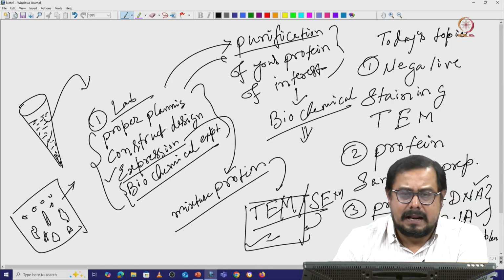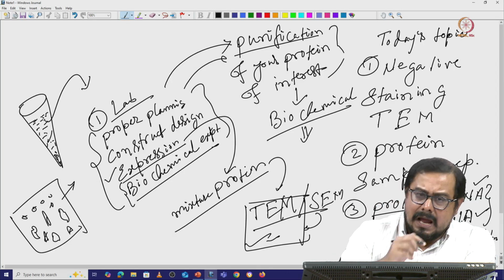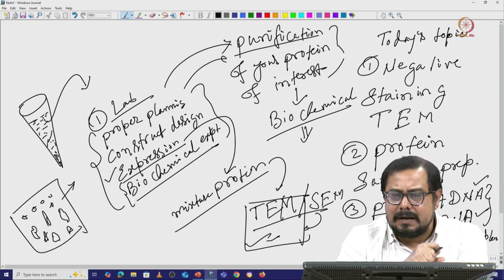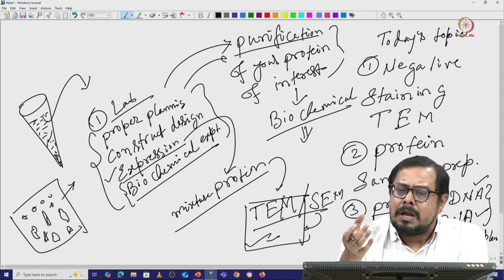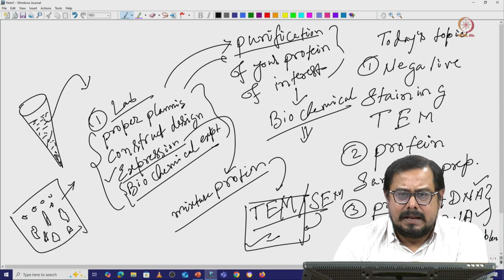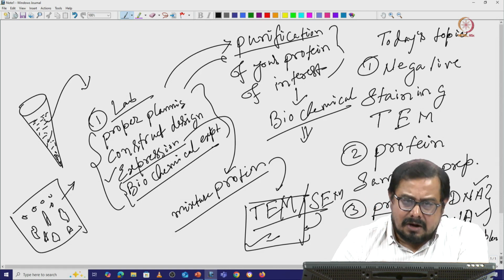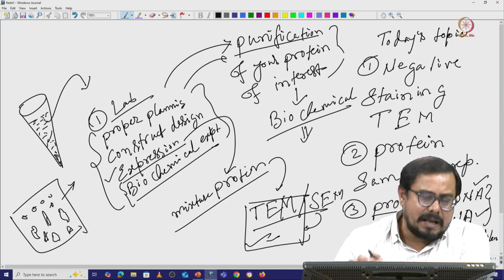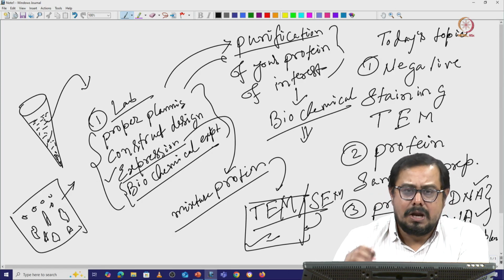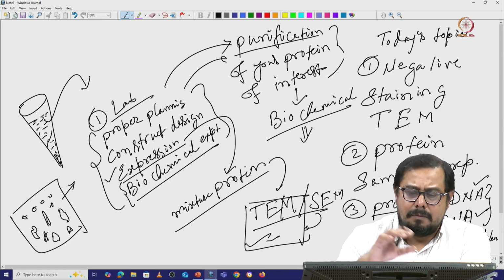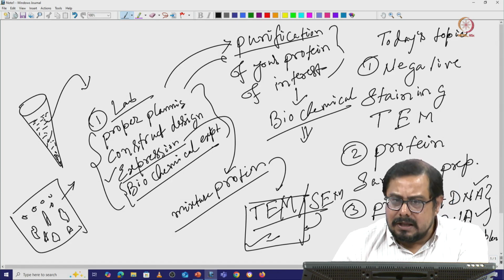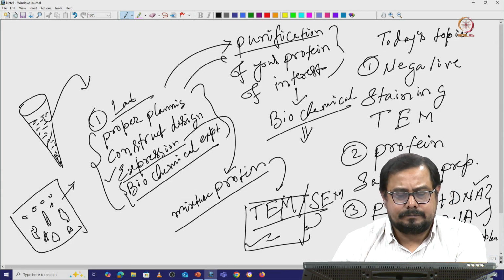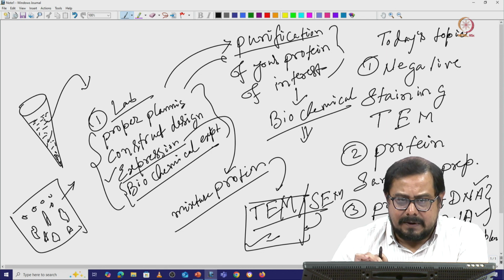Sometimes you can see, yes, after DNA-protein complex formation your protein is binding to the DNA, but you can confirm those things when you do the biochemical test. So, that is the reason it is important that whenever you get the protein, purify the protein and do the rest of the biochemical experiments, to check if there is any affinity.